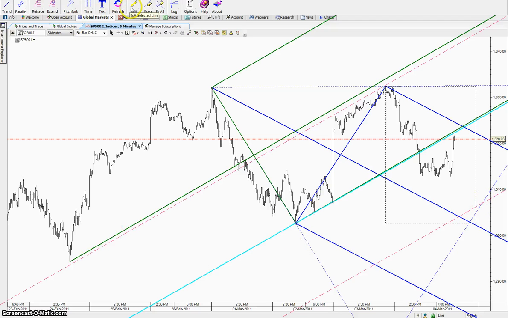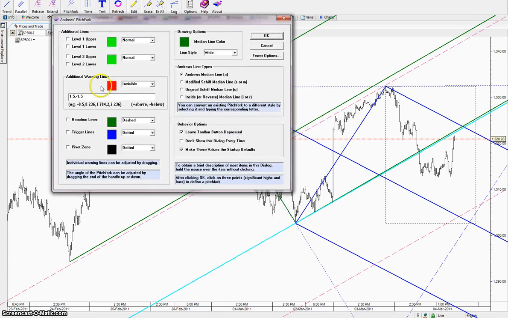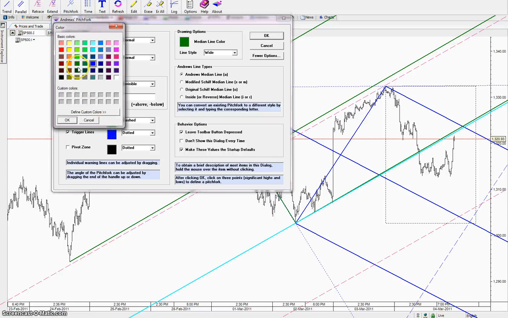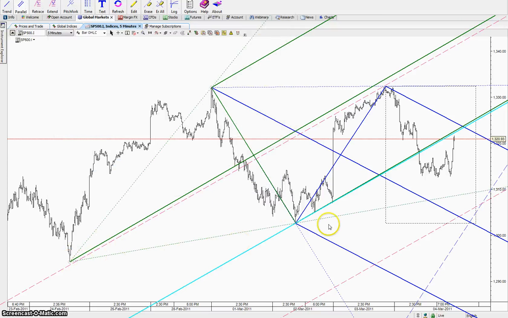With this one, if I turn on trigger lines, there should be support along that line there. There's a whole heap of stuff coming to a convergence just over here, so that's where you'd expect it to go.